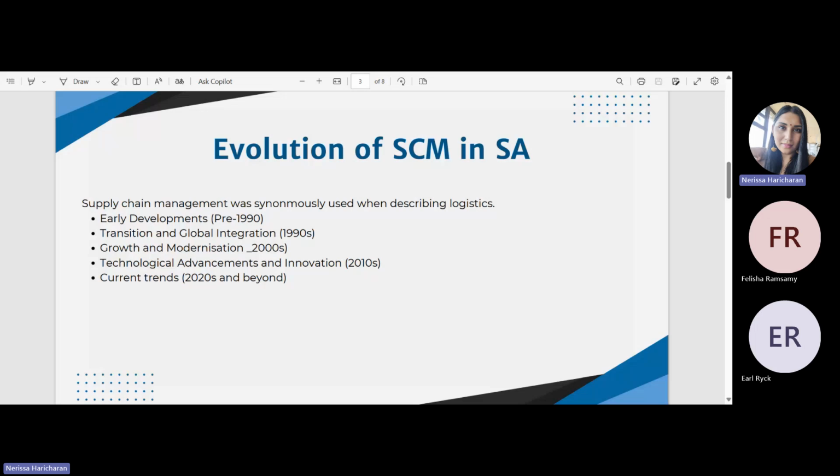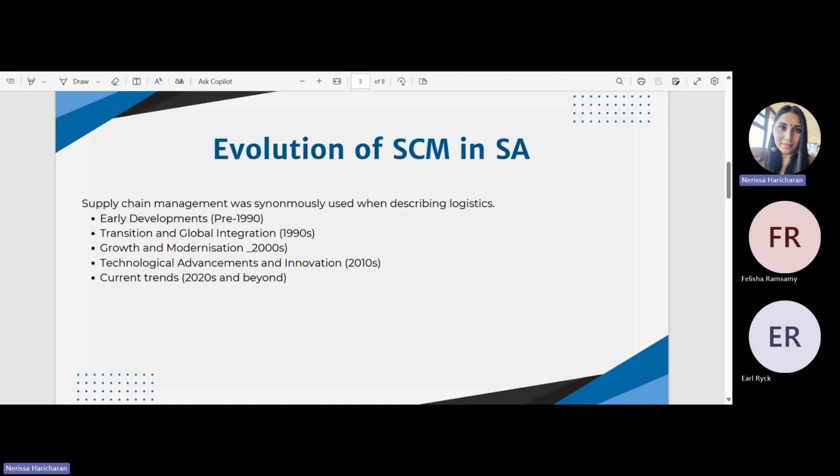The system was quite fragmented, quite slow. So it went more into trying to get supply chain into more preferential procurement or a more transparent route.